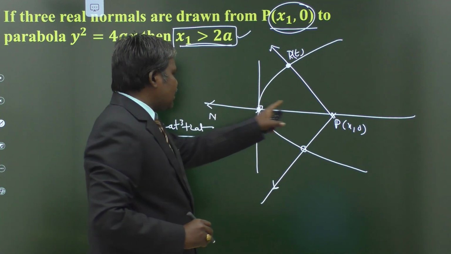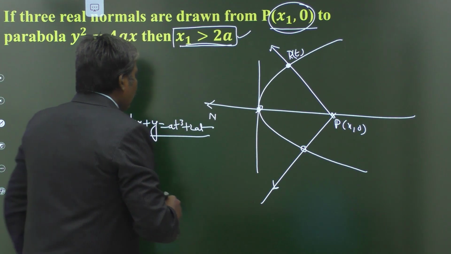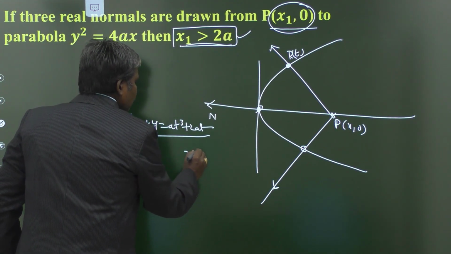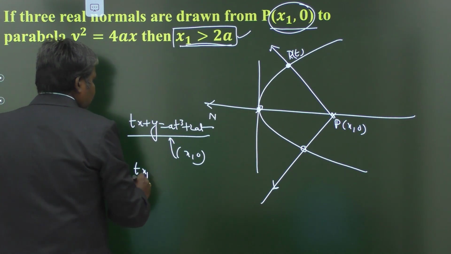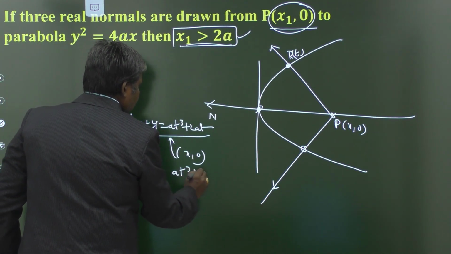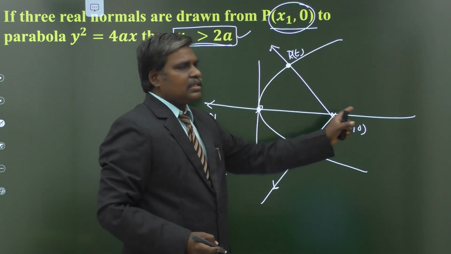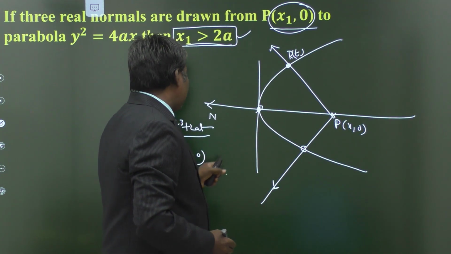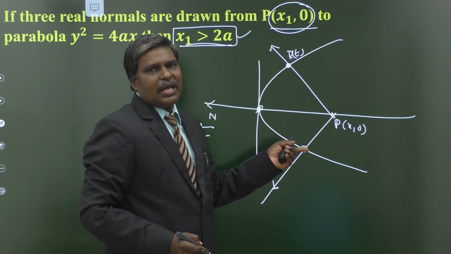If this normal passes through my point, it produces the conditions for us. So what is the point here? (x1, 0). Substitute here itself. What we obtain? t x1, 0 is there, so t x1 = at^3 + 2at. t = 0 is one root. Clearly this is one normal. For t = 0, that is -t is also 0, the slope of the normal is 0.